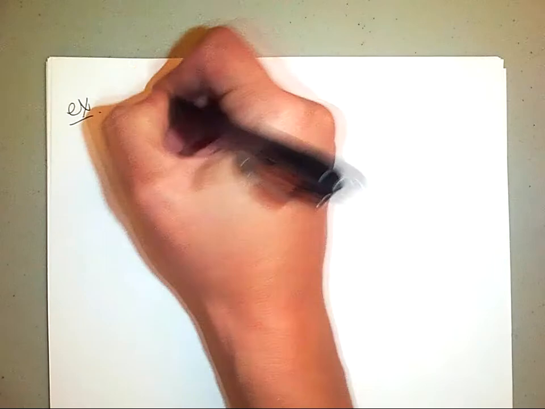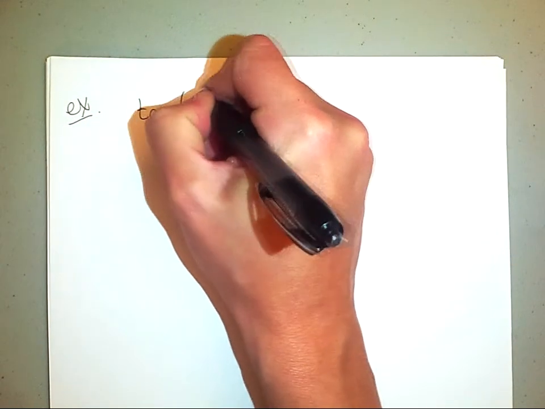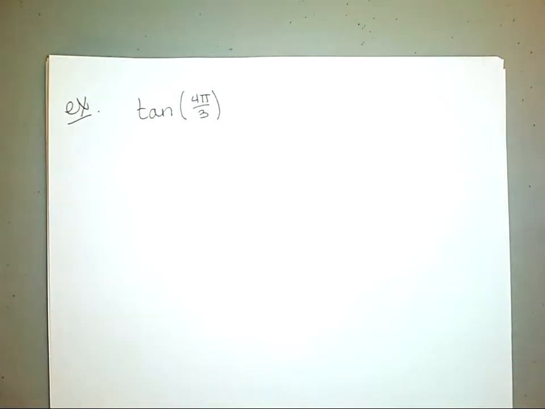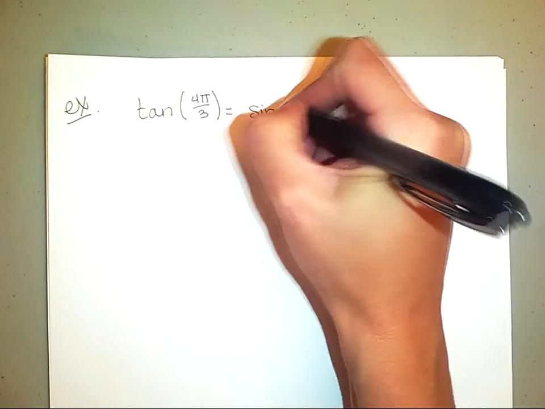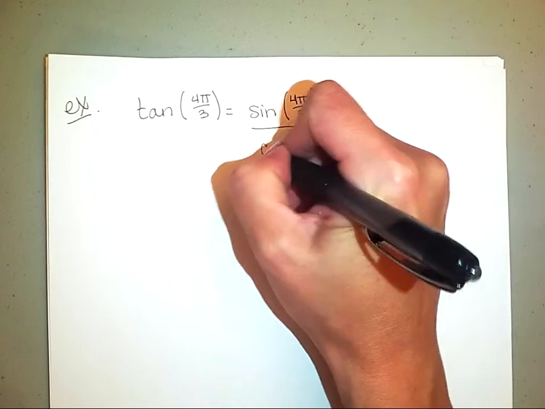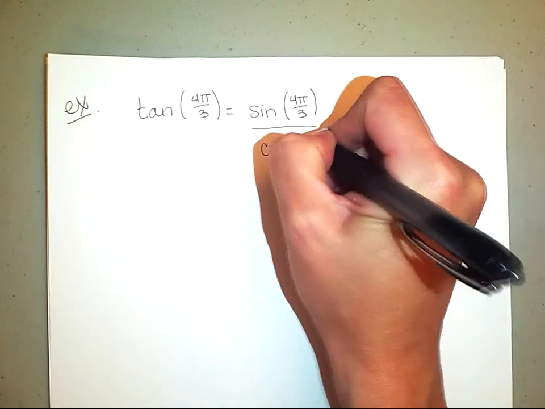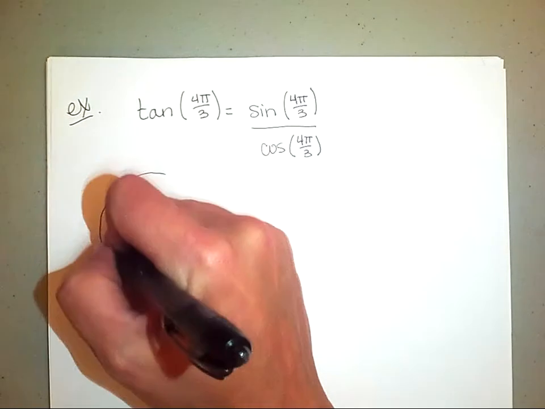So, for example, let's say we needed to find the tangent of 4 pi over 3. Well, we know that that's going to be the sine of 4 pi over 3 over the cosine of 4 pi over 3. So now we just have to remember where on our unit circle that falls.